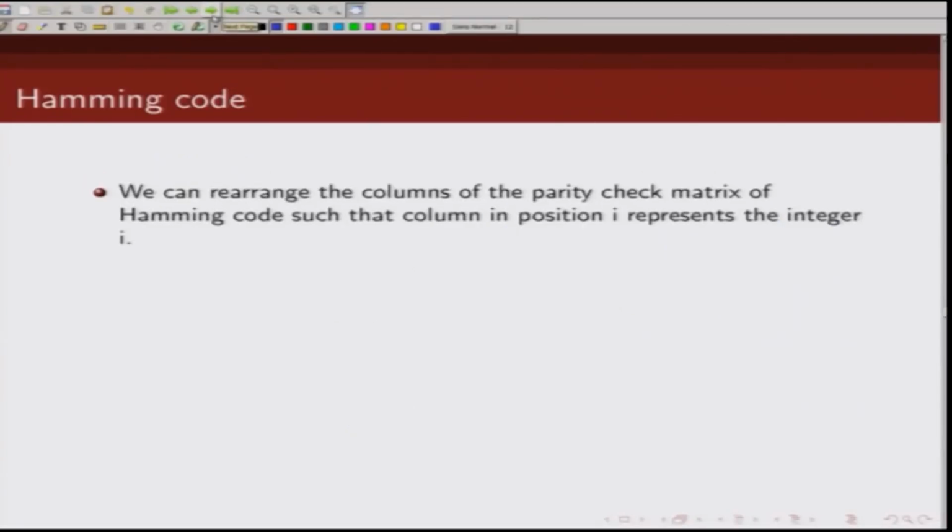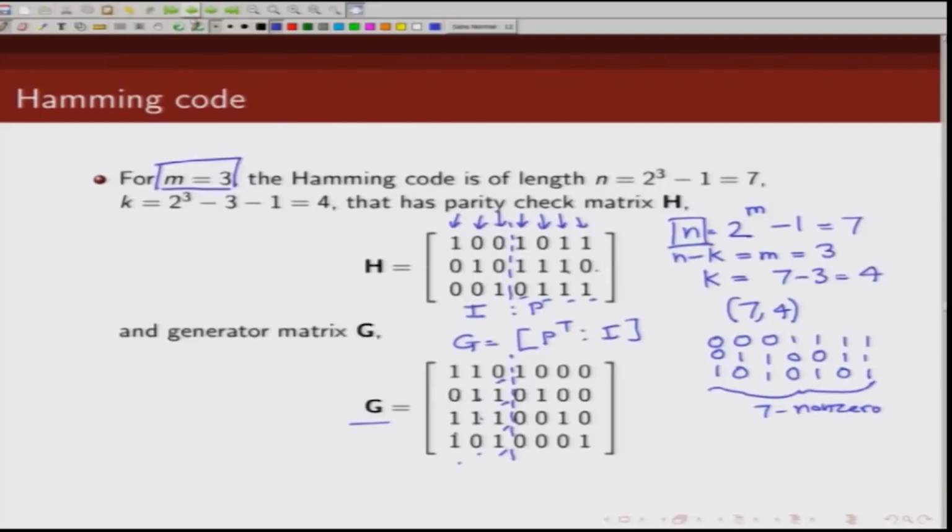Now, let us see how we can correct errors using Hamming code. As we said, this has minimum distance 3, you can see here. Let us take any 3 columns, let us just take column number 1, column number 2 and column number 4.